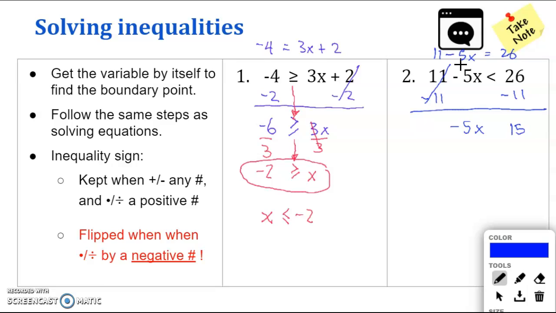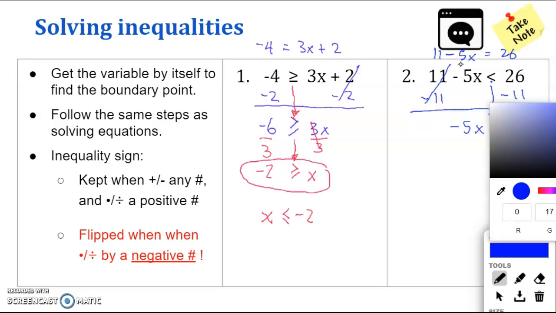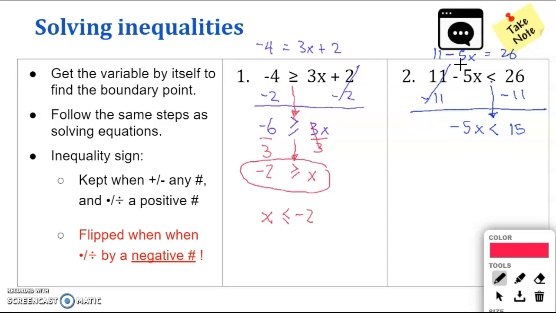Okay, notice that I just subtracted a number. So again the inequality gets preserved with subtraction or addition. But look what I need to do now. I need to divide both sides by a negative number, -5. In that case, the inequality symbol is going to flip. It was opening to the right here, now we need to flip it to the other side.